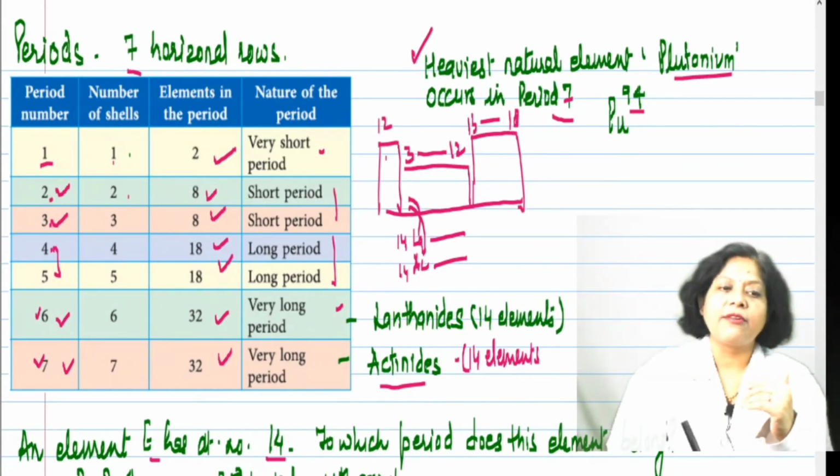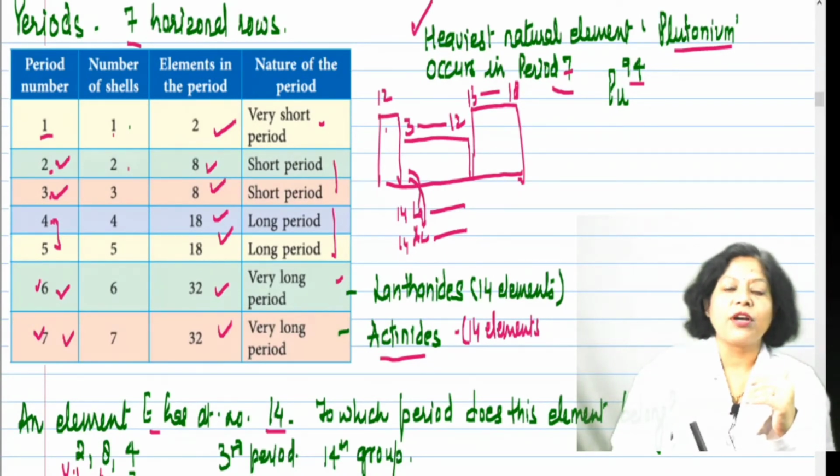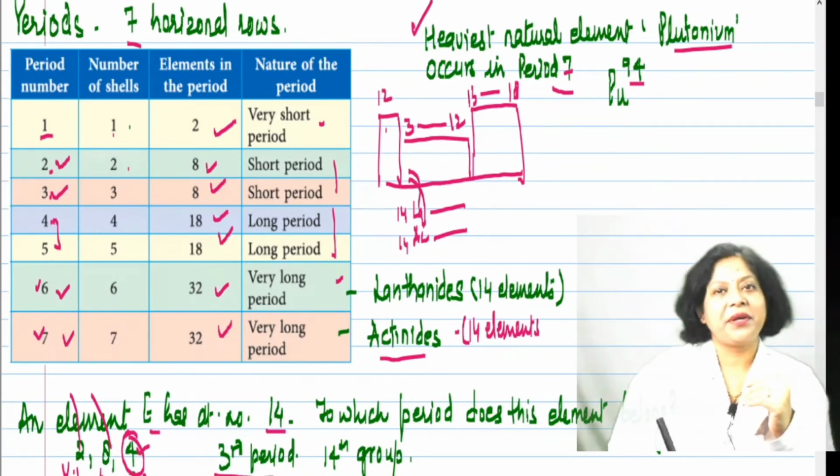This is the first shell or K shell, then the second shell or L shell, and 4 in the third, that is the M shell. Because of the third shell, first, second, third, this element belongs to the third period.